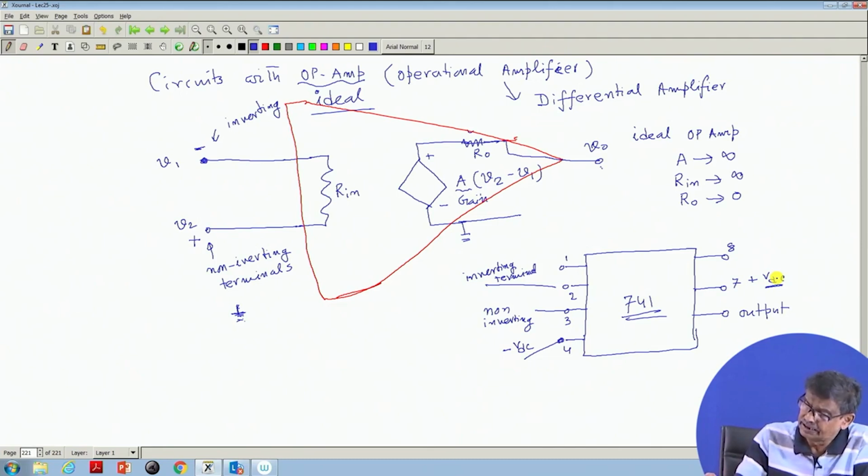To terminal 8 nothing is connected, and 1 is for some other purpose, generally not connected. So, out of these 8 terminals, let us identify with this circuit what these terminals are, because the rest of the things are not difficult. Only, just to give you a feeling of how things work, what you require is a battery.